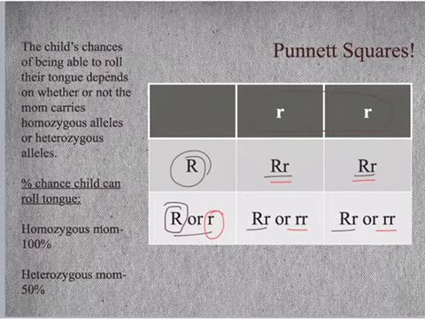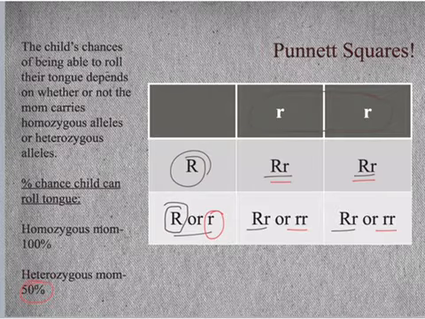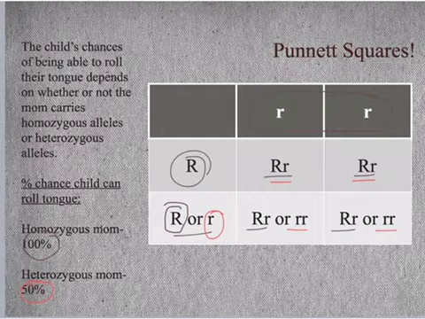So they would not be able to roll their tongue. So you can see here that if mom is heterozygous, there's a 50% chance that the offspring can roll their tongue. And if she is homozygous dominant, there's a 100% chance that the offspring will be able to roll their tongue.